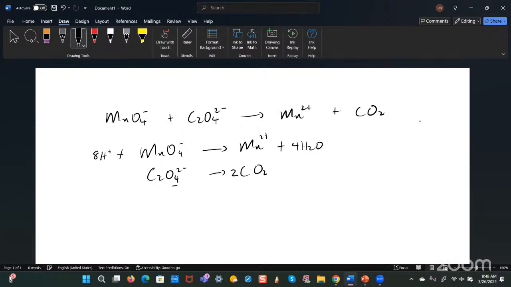And again, because there's no hydrogen in the second half equation, we don't need to add any hydrogen. Okay, so the next step would be to do what? To balance what? The charges. Okay, balance the charges.